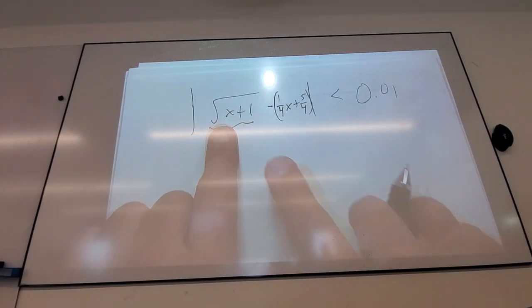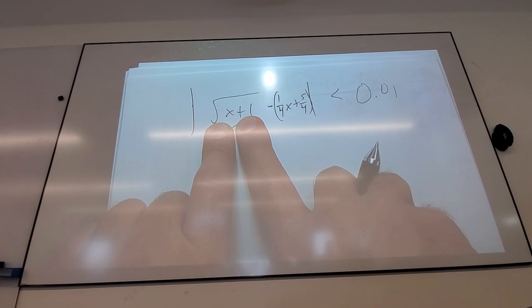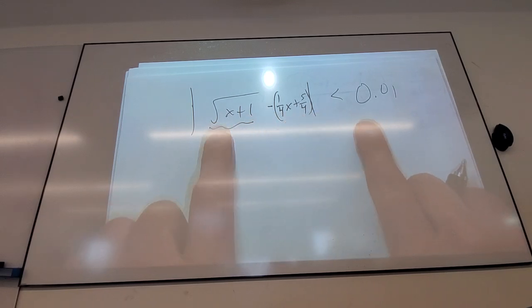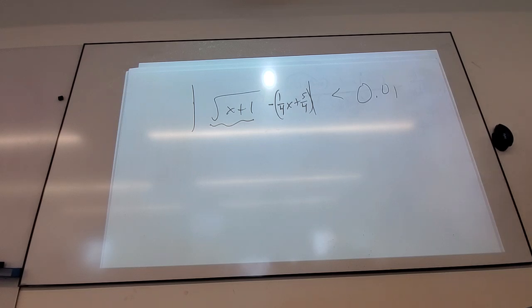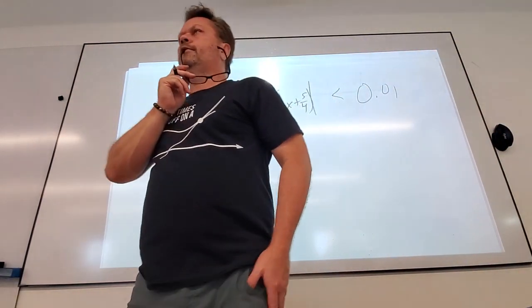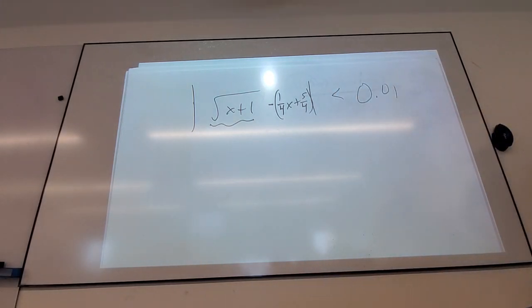So I want the difference between our original function and the approximation function. I want it to be less than 0.01. Does that make sense? In fact, let's do this right now. A visual might help. So everybody got that written down so far?